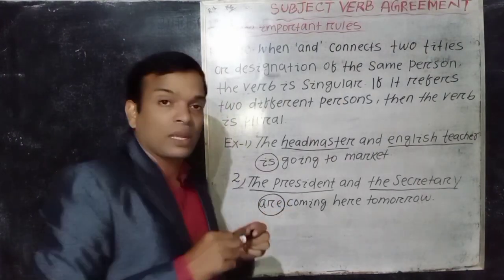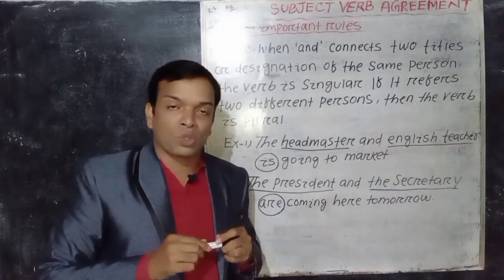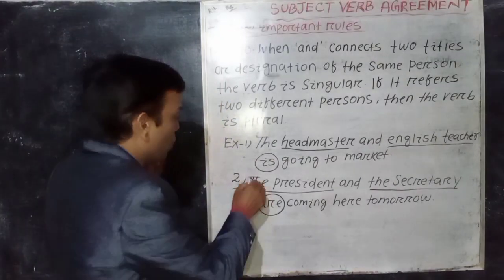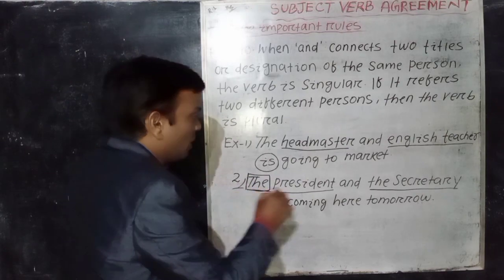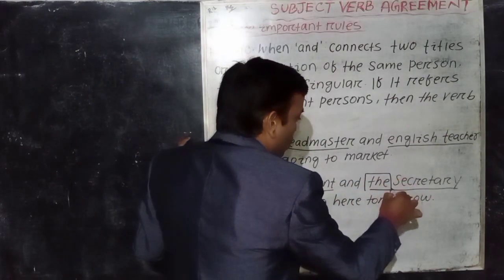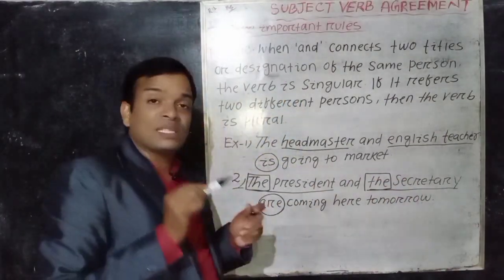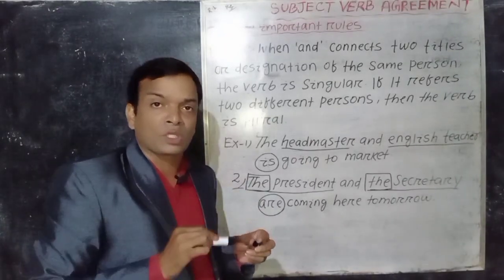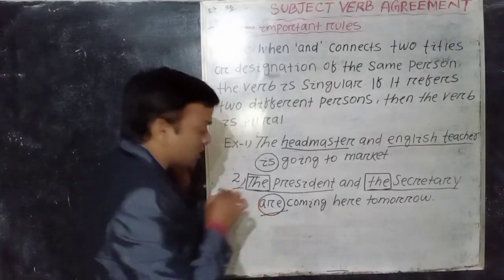Most important thing, the easiest thing you should remember: if the is used two times in a sentence, that means it refers to different persons, so the verb always takes plural.